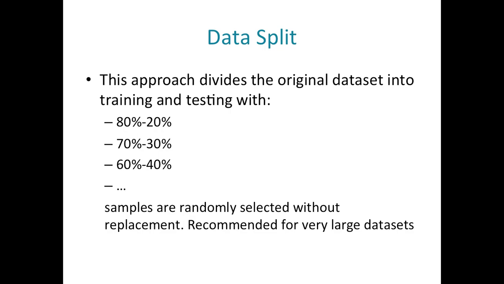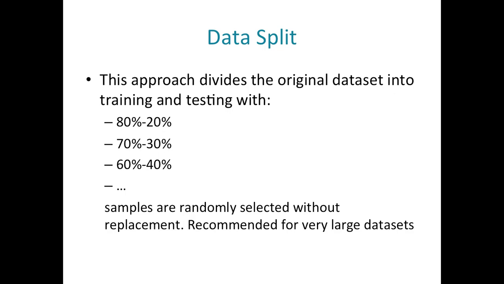Data split is generally used when we have a really large data set, and the way it works is that we divide the data set into training and testing sets with different percentages. So it could be 80-20, 70-30, 60-40, where the largest number always corresponds to the size of the training data set, and the smaller number always corresponds to the size of the testing data set.